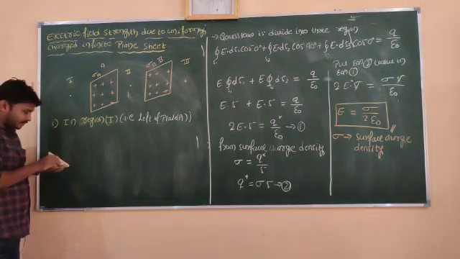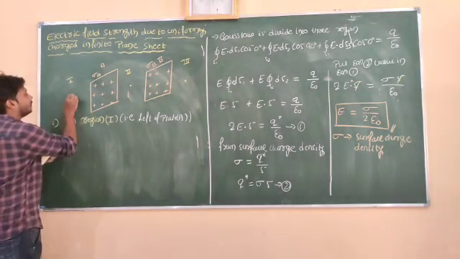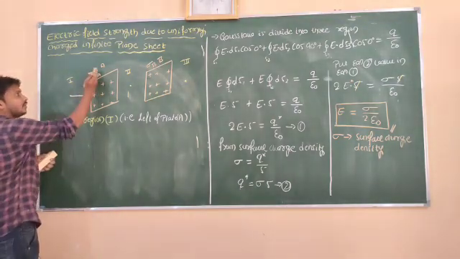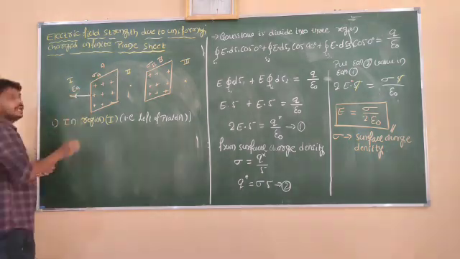For a positive charge, the direction of electric field lines is outward. For plate A, this is the direction of the electric field, E of A.